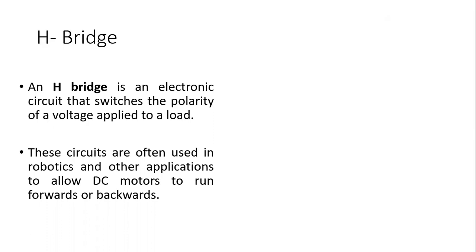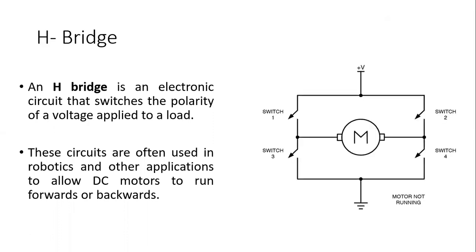The basic construction of the H bridge is that it consists of four switches, and in the middle, the motor is connected. Switch 1, switch 2, switch 3, and switch 4, like this, with the motor connected in the middle.